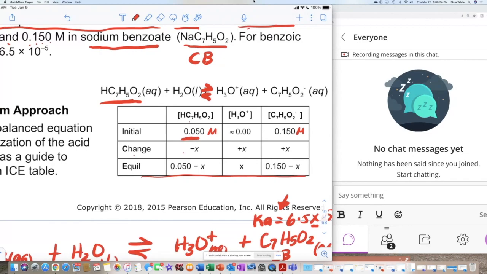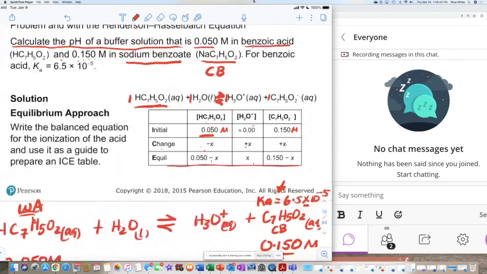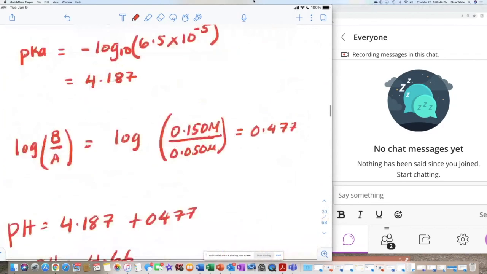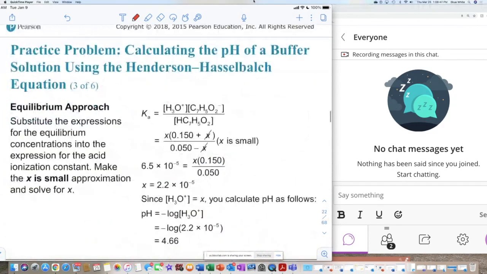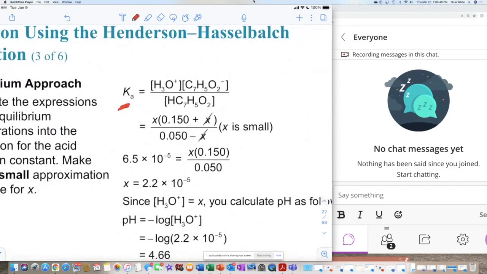You have your change in terms of x, the coefficients 1 to 1 to 1 to 1. You add these two, use the Ka they give you. I think this continues down here from what I saw. Use the Ka expression. Apply the 5% rule.